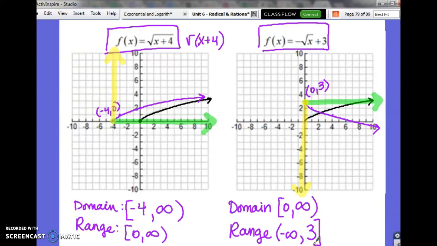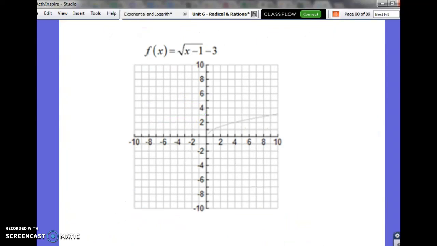Since 3 is on the graph, you will have a bracket on that 3. So again, you're just looking at the smallest to the largest x value, and then the smallest to the largest y value.